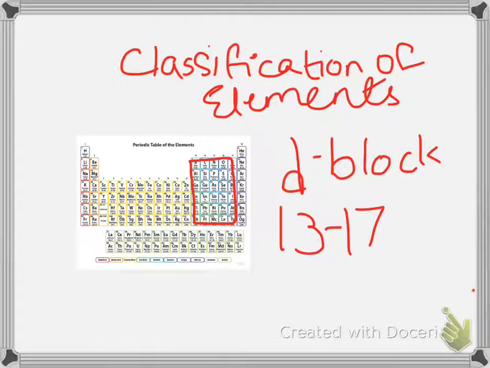So let's move on. By mistake, I said D block elements, but they are known as P block elements. They are called P block elements as the last electron enters the P orbital. In the same way for the S block elements, the last electron enters the S subshell, so they are known as S block elements. Now let's move on.